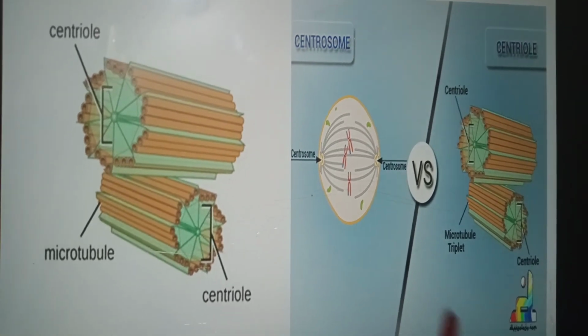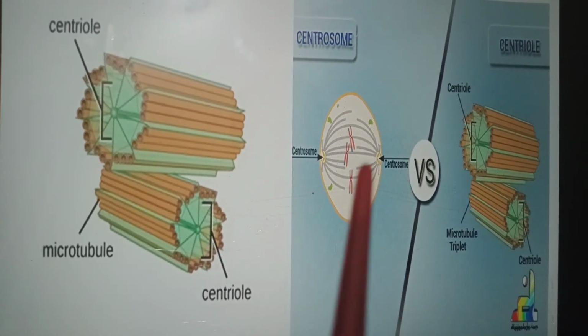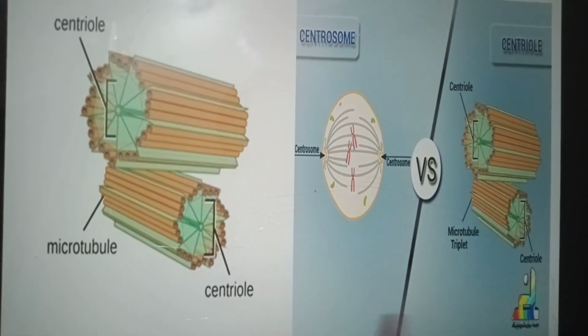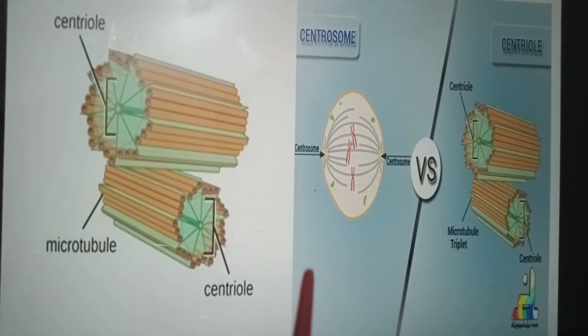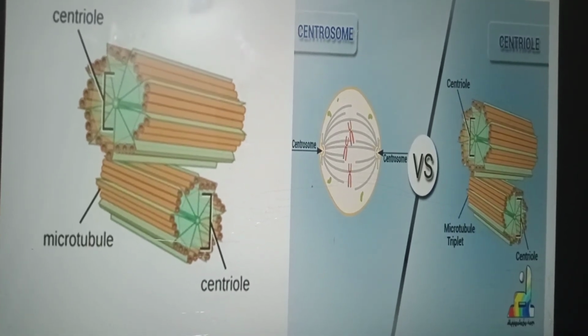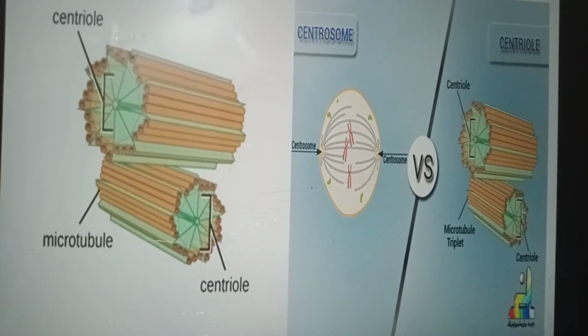Animal cells have 2 centrioles, located near the exterior surface of the nucleus. The 2 centrioles are collectively called a centrosome.